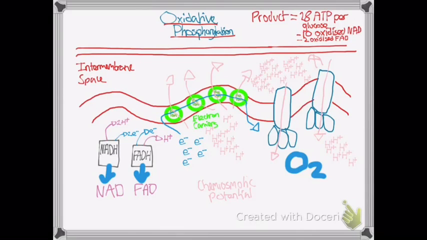Okay, so we've got hydrogens here, and we've also got electrons accumulating there as well, because we've not lost them yet. Something needs to accept them, and that something here is on the diagram, and it's oxygen. So what happens is the hydrogens and electrons combine with oxygen to produce water.